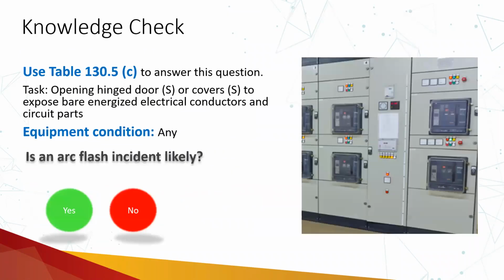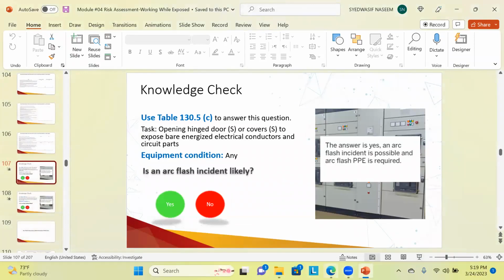So for example, in the exam, you are going to find this type of question. Opening hinged door or cover to expose bare energized electric conductor or circuit part, equipment condition is any. Is an arc flash risk assessment required, is an arc flash incident likely? So let me take you to the standard.